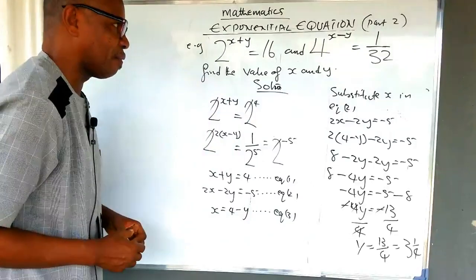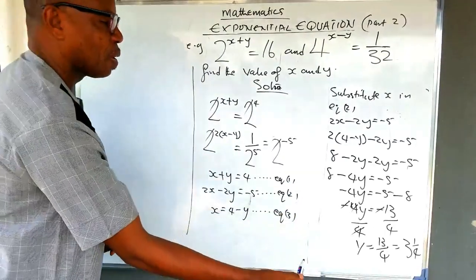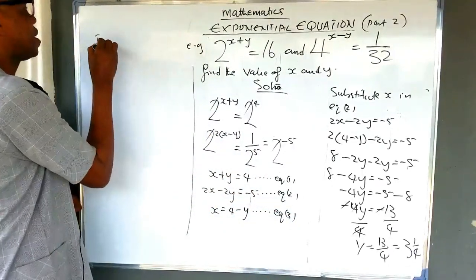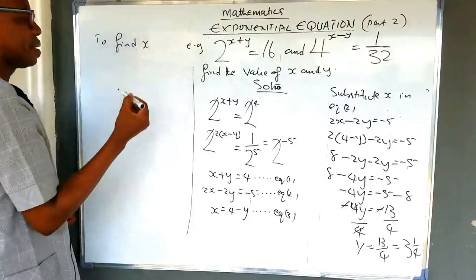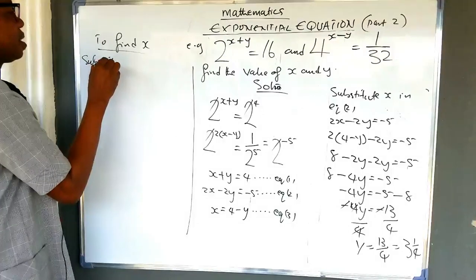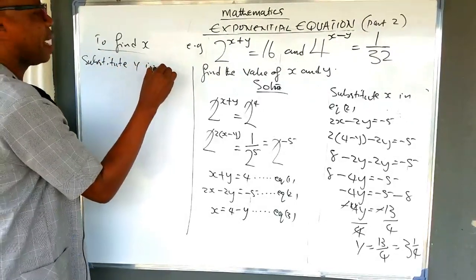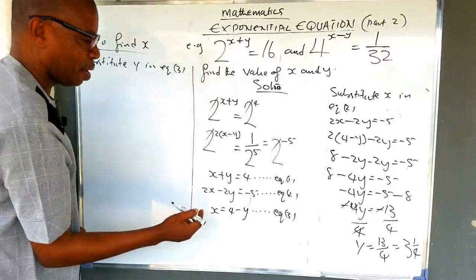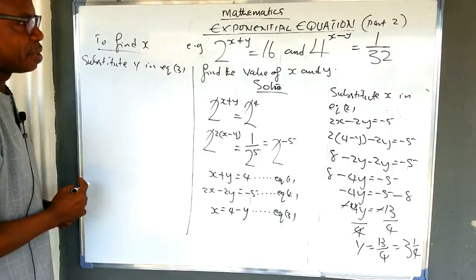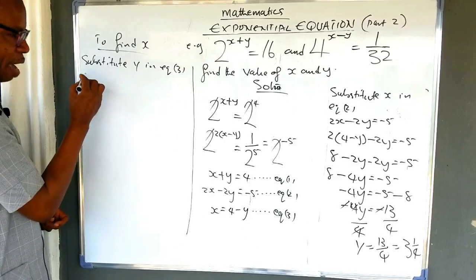That's the value of y. But the examiner is asking us to find the value of x and y. Now, since I've gotten y, x is a simple thing. I can find x by simply substituting y in my equation 3. That was why I got equation 3, to make it very easy for me to complete my solving without much long protocol.